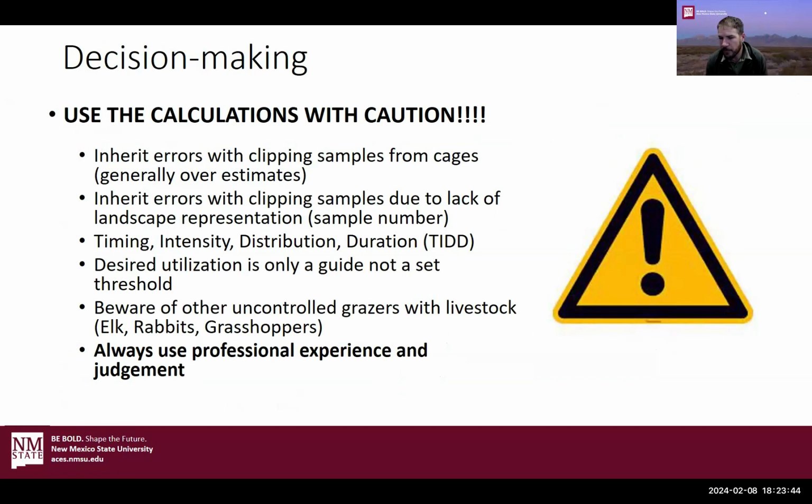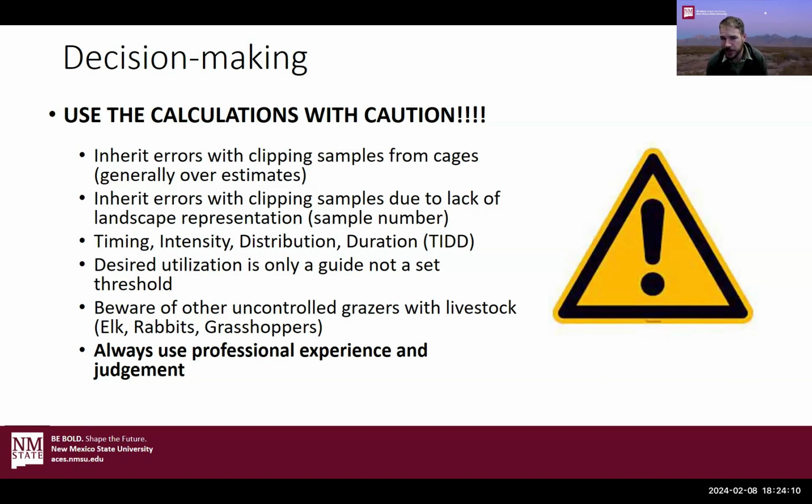They catch the moisture, they provide windbreak, they provide perches for animals, which can put droppings in the cage and add fertilization. So there are some issues there. From my experience clipping, cages tend to overestimate what the actual production is.